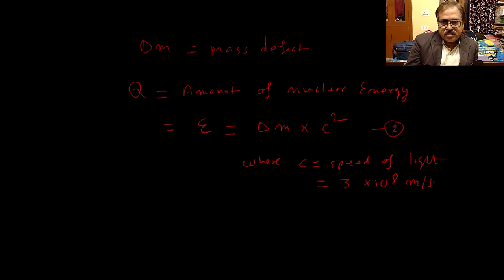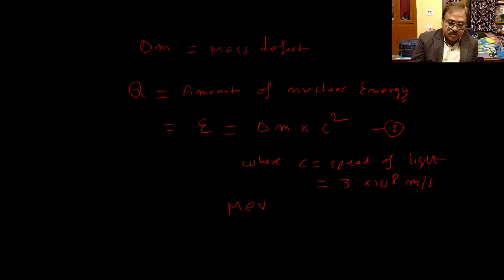Because nuclear energy is measured in million electron volt, how do we express the energy in million electron volt? We know that one atomic mass unit is equal to 931 million electron volt.